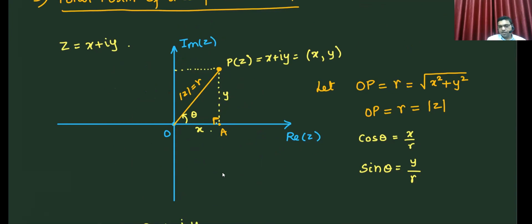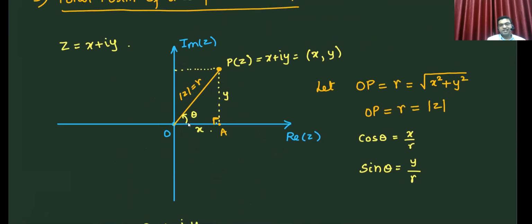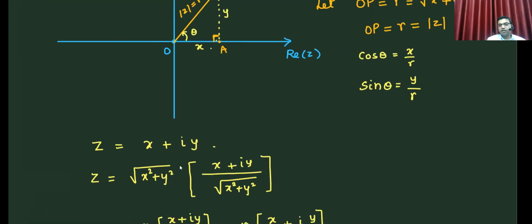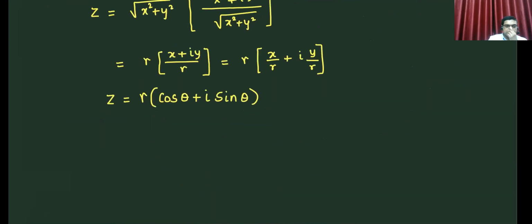When x is positive, y is negative, fourth quadrant. But in all cases, whatever the argument theta is, the sine and cos of this argument will automatically give you this result. So now z, I will write as r into cos theta, since x by r is cos theta, plus i sine theta.